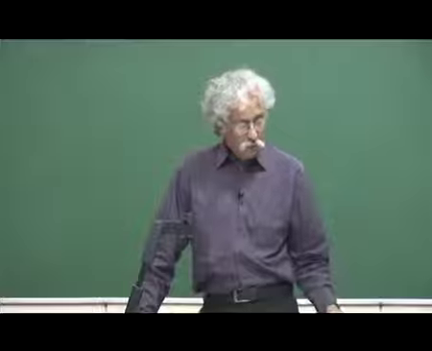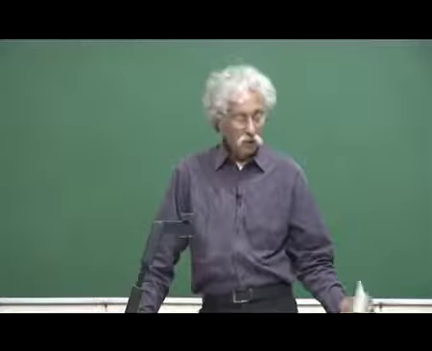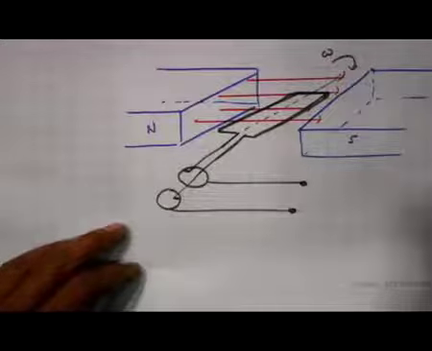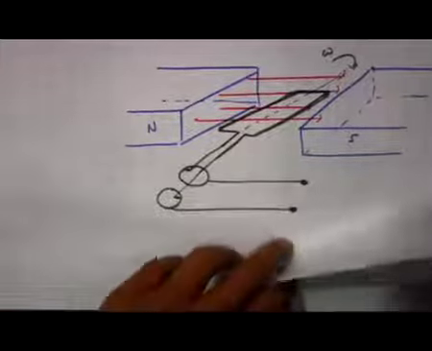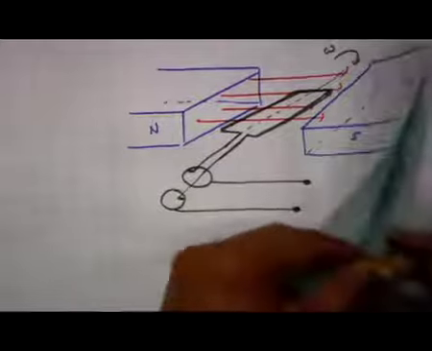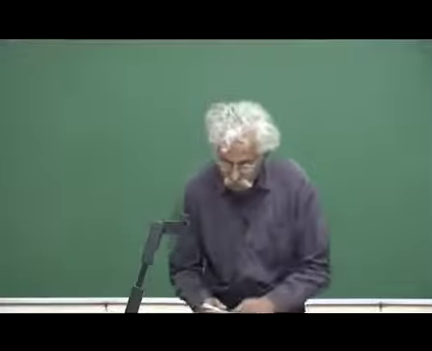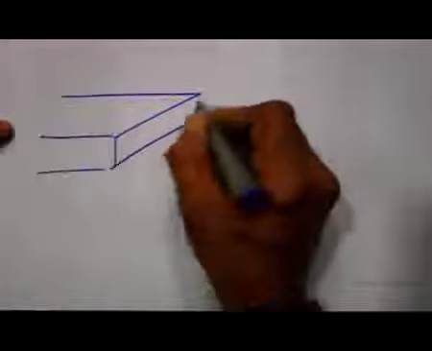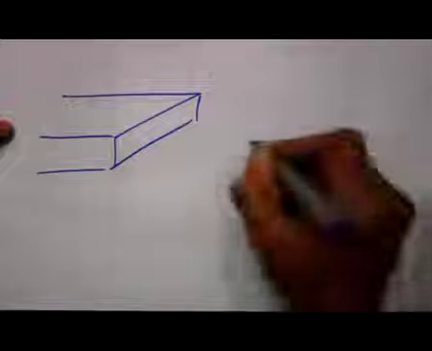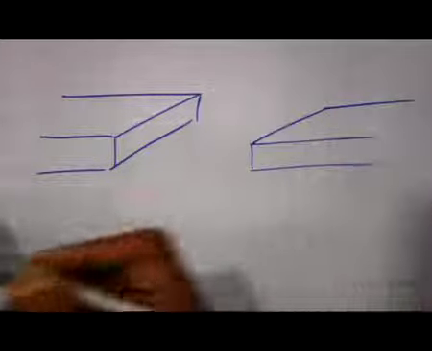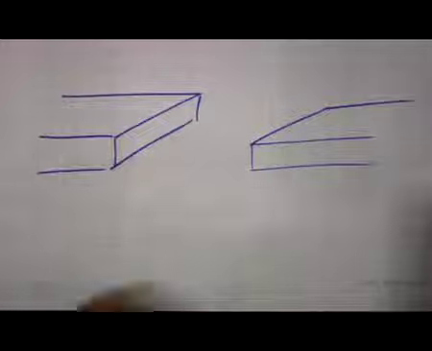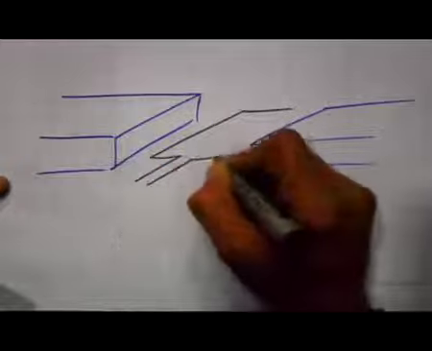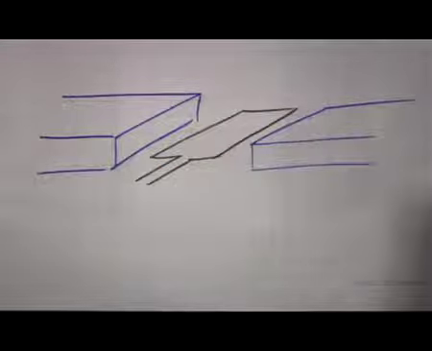Now, by a simple modification of this design, I can convert into a situation where instead of an alternating EMF, I can generate EMF in the same direction by the following arrangement. So, what I do is the following, that I have again the same two magnets, and what I do now is the coil which I am using here, the coil is like this, and what I do is the following.